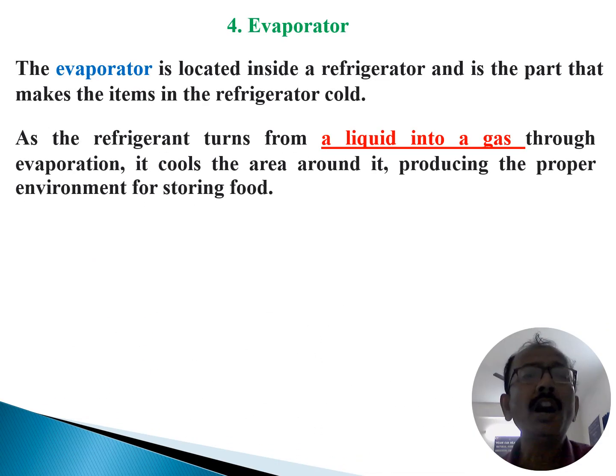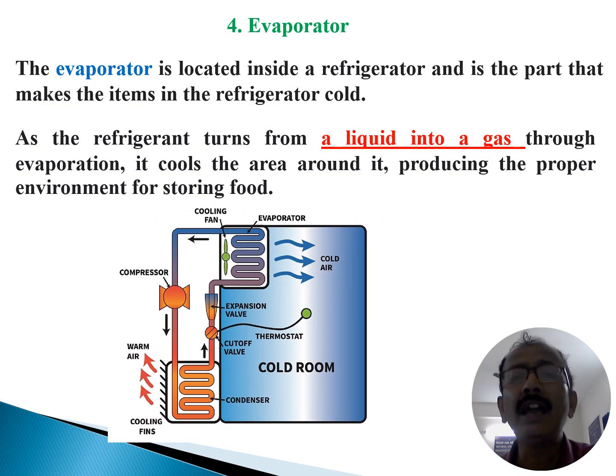Evaporator. The evaporator is located inside the refrigerator, and is the part that makes the items in the refrigerator cold. This is the diagram of the evaporator. The refrigerant turns from liquid into gas, shown in red, through evaporation. It cools the area around it.